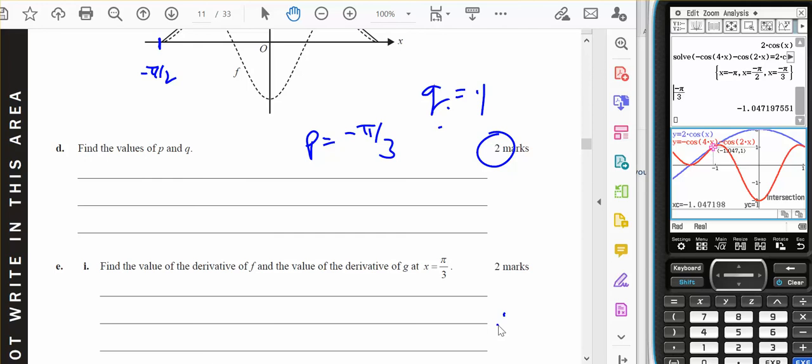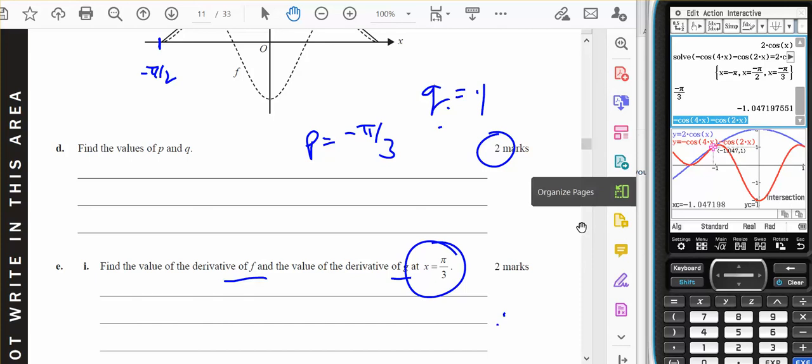Find the value of the derivative of f and the derivative of g at x equals negative pi on 3. So I need to take the derivative of this. I'm thinking that they're tangential, so it's going to be the same answer.